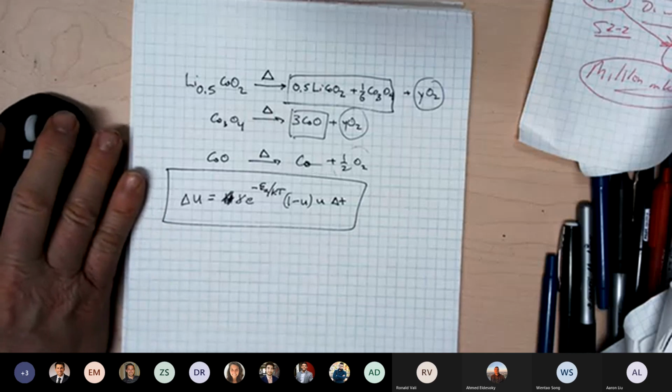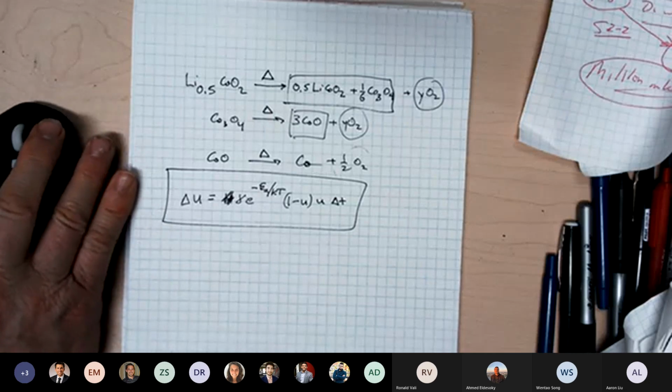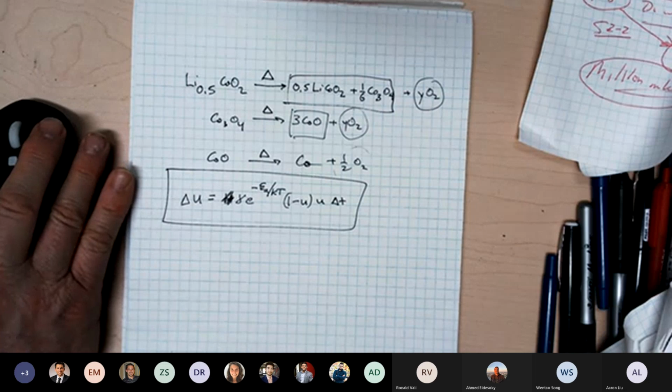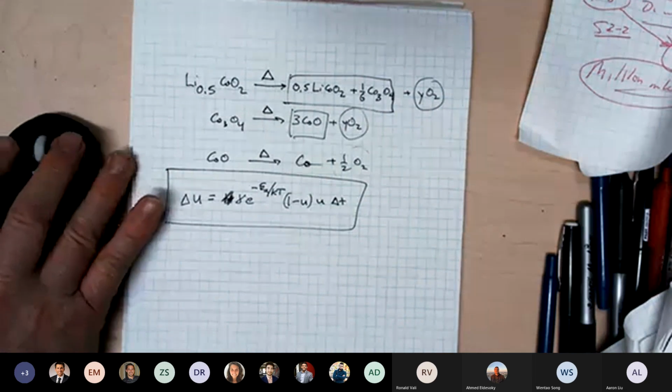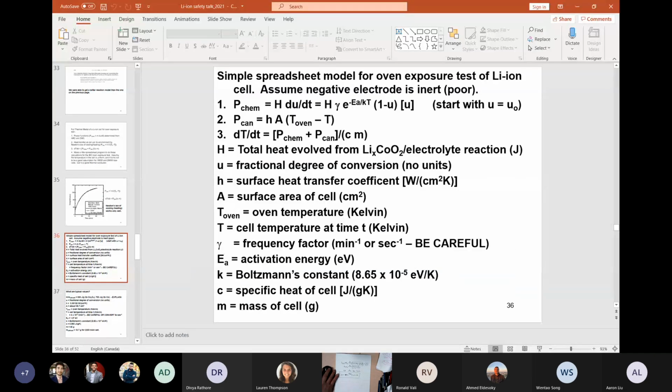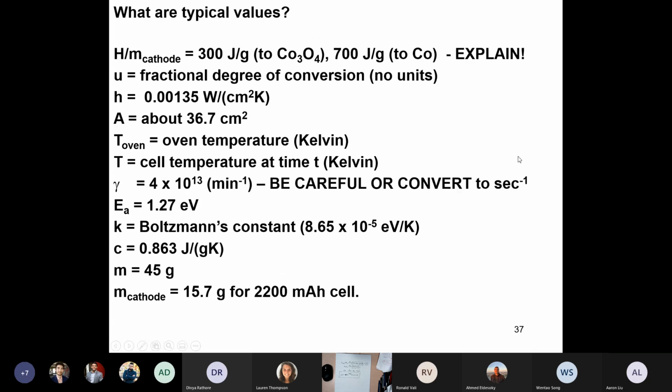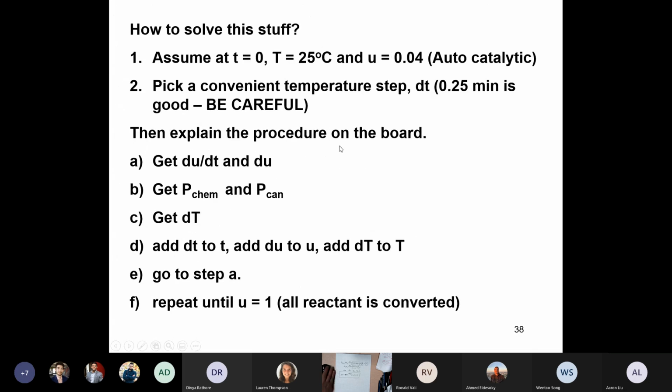We'll go back to this PowerPoint. So we calculate du dt and du. And if we know du dt, we can calculate the chemically generated power.